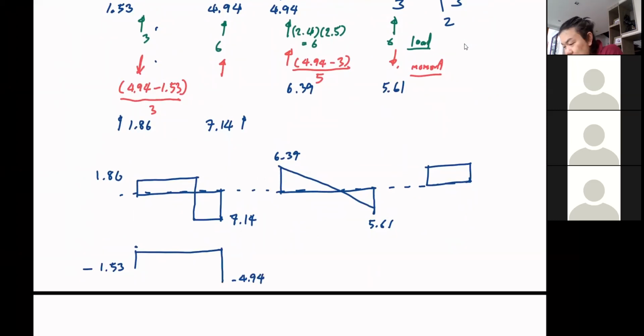And this, whether or not this is negative or positive, you need to check this area, right? This area will give you the moment, and in fact it is positive, comes out to be 2.19.